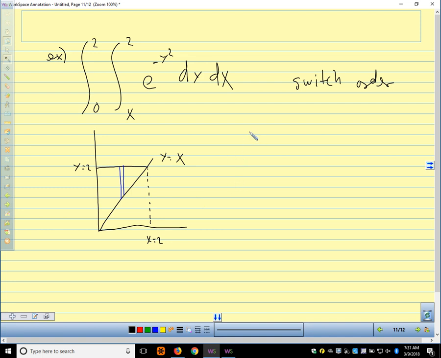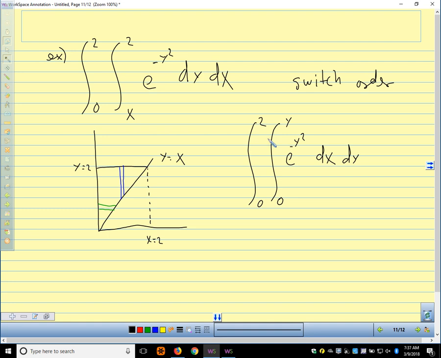So our integral dx is going to go from 0 to y, and y is going to go from 0 to 2.